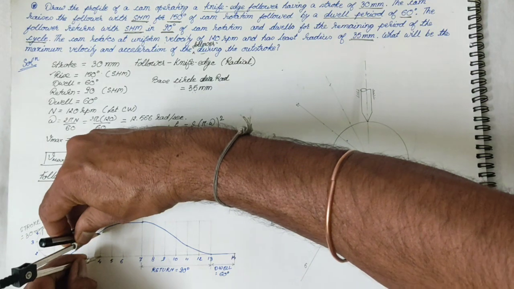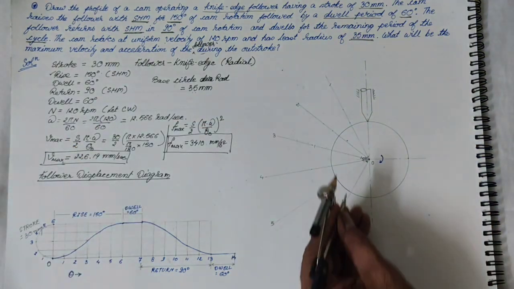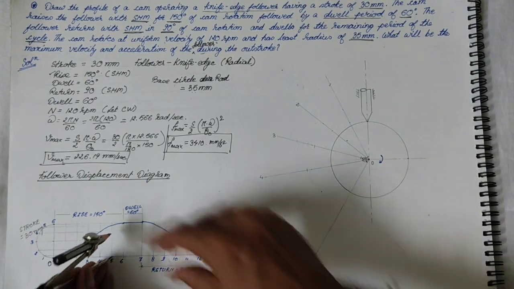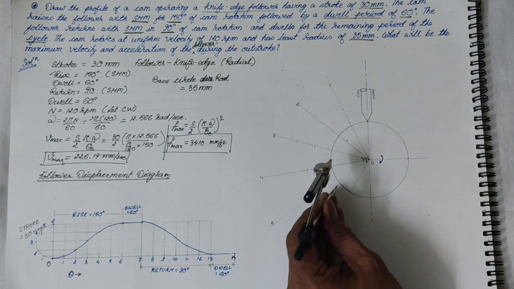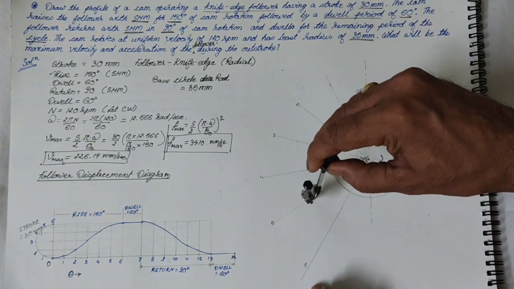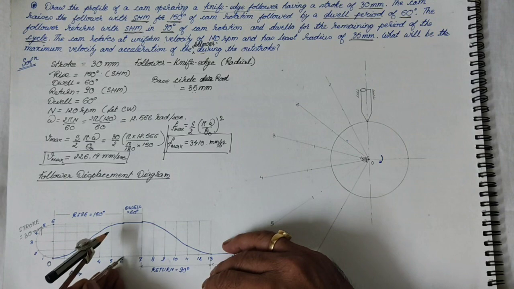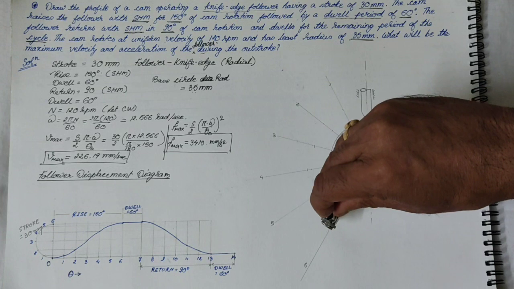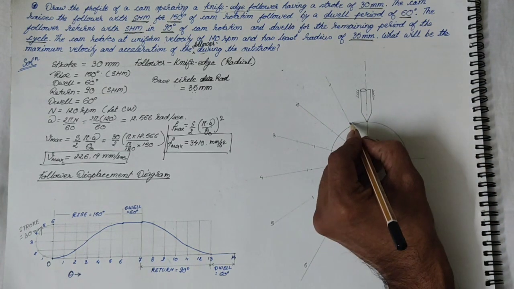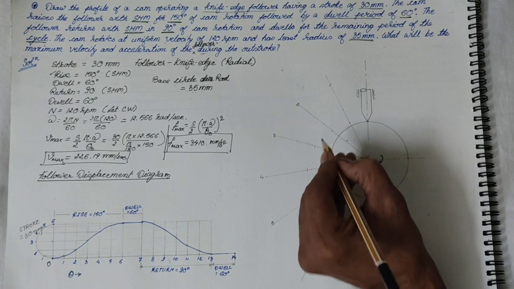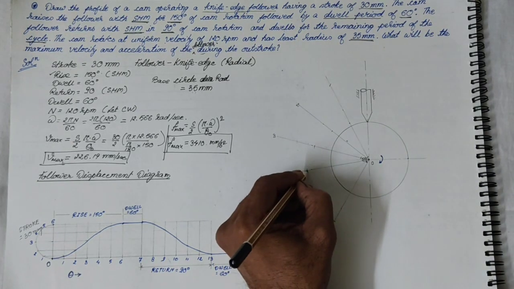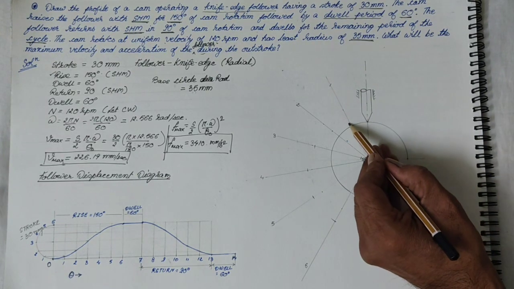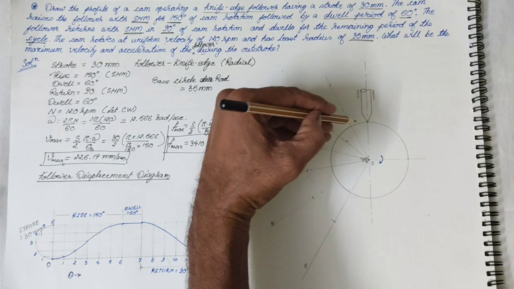Then for the fourth step, from the base circle, this is 4. For the fifth step, from the base circle, this is 5. And for the sixth, we get this as 6. So we get all these points as trace points, which will give me the cam profile.